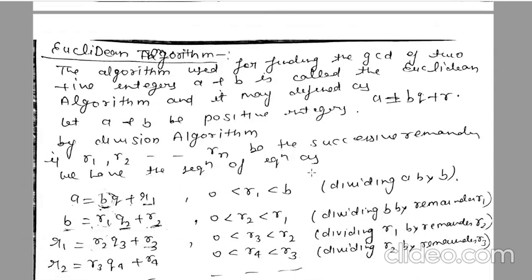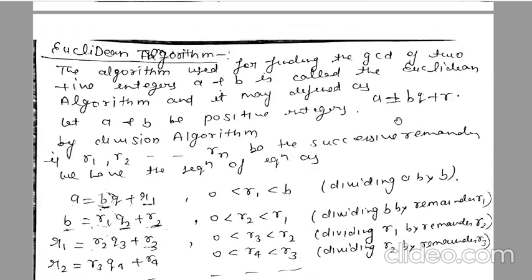Euclidean algorithm. The Euclidean algorithm is the algorithm used for finding the GCD of two positive integers. It may be defined as: let A and B be positive integers, right?